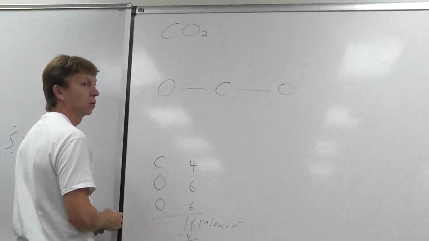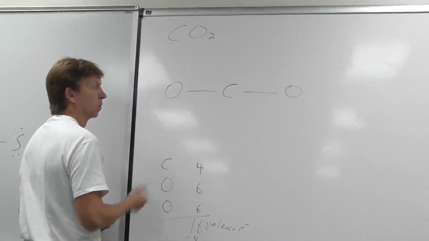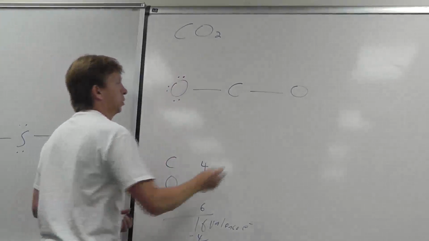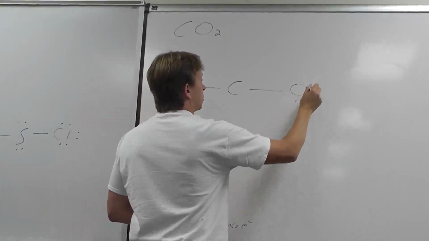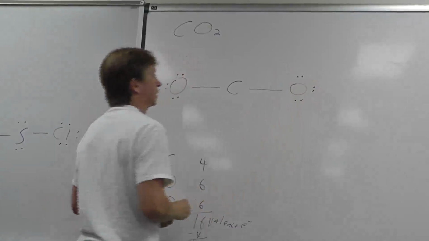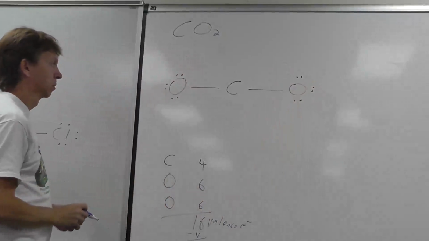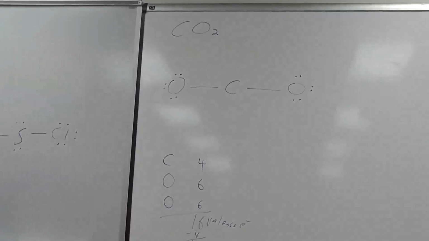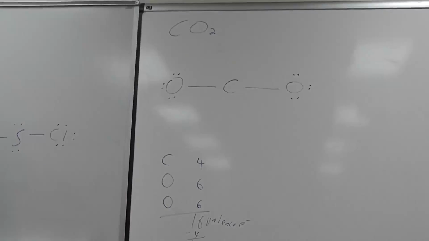There's 12 more to go. So 2, 4, 6, that fills up that oxygen. 8, 10, 12, that fills up that oxygen. And that accounts for all of our electrons, correct? All right.